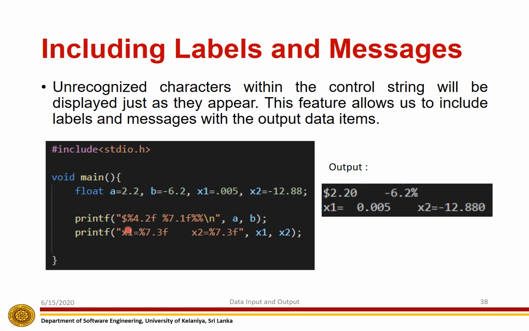In the first one, dollar sign, percentage mark, 4 is the minimum field width and 2 is the precision specification in here. So the argument is A, so it will display dollar sign 2.2.